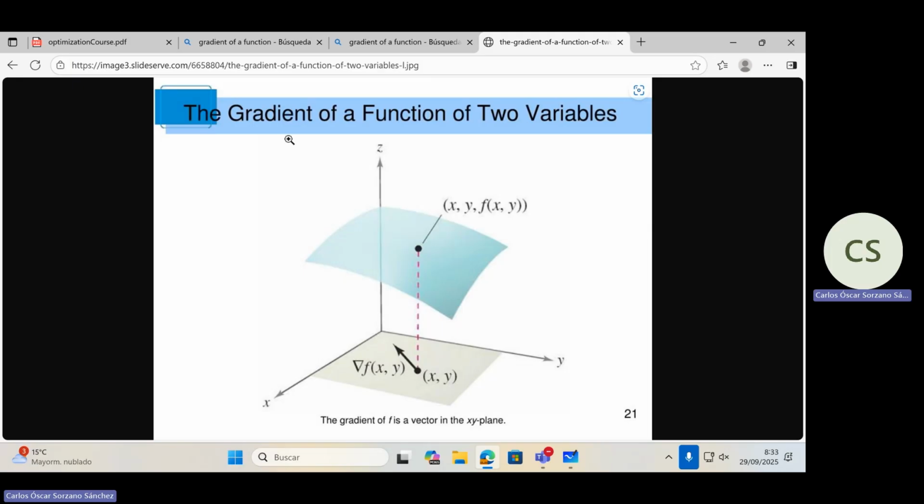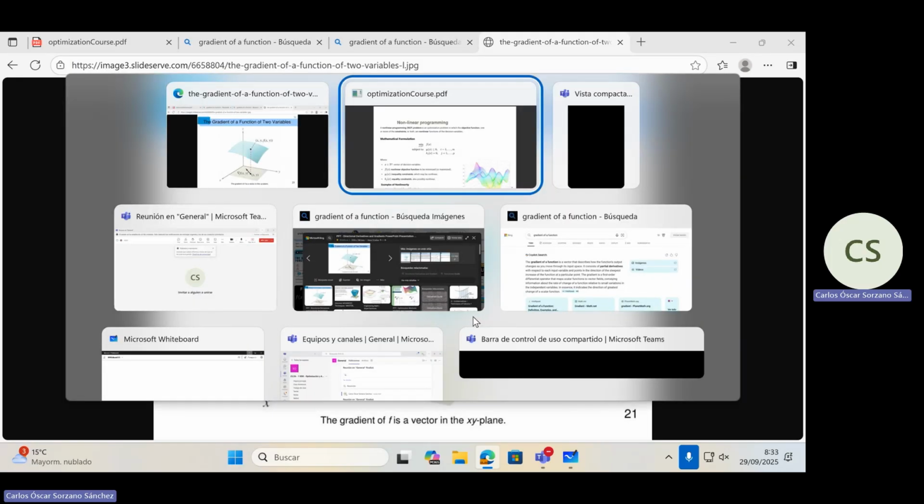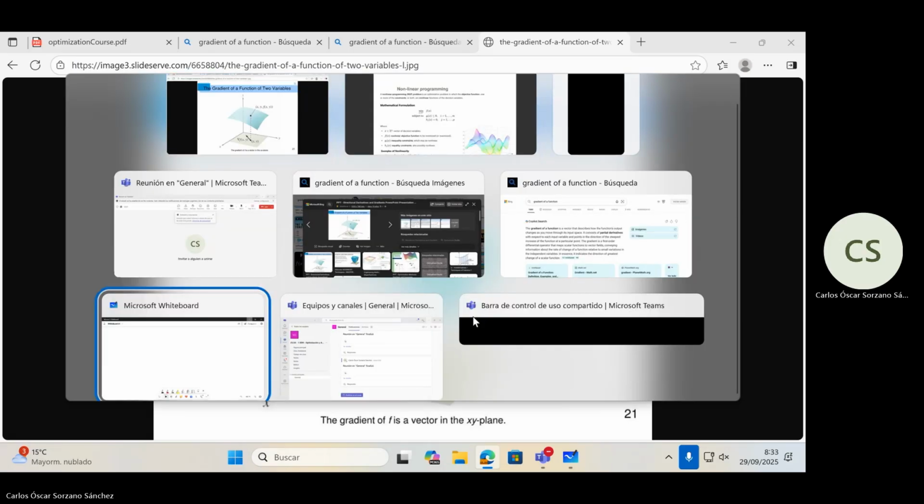So a reminder of what the gradient is. Let's say that we have a function f of a vector x.